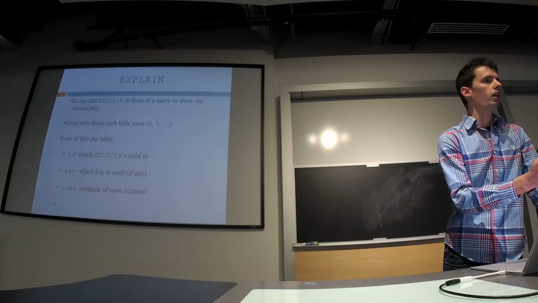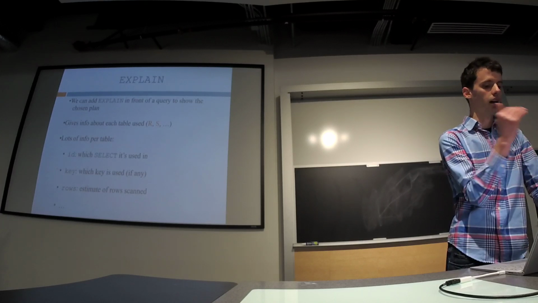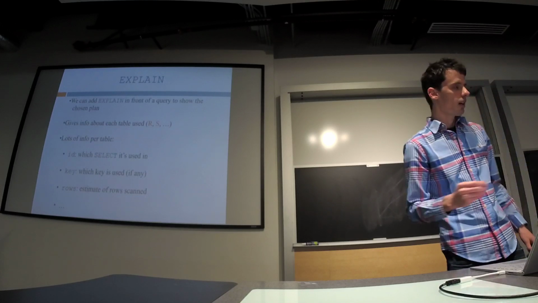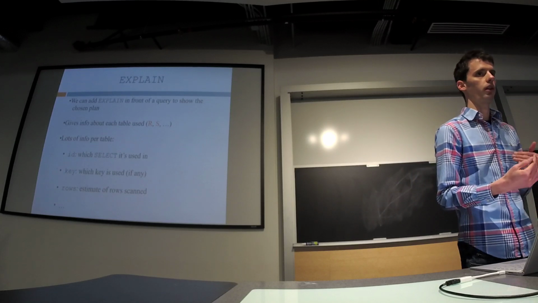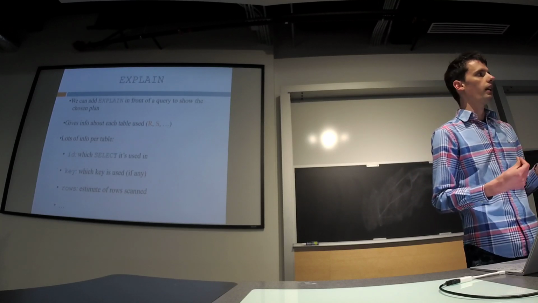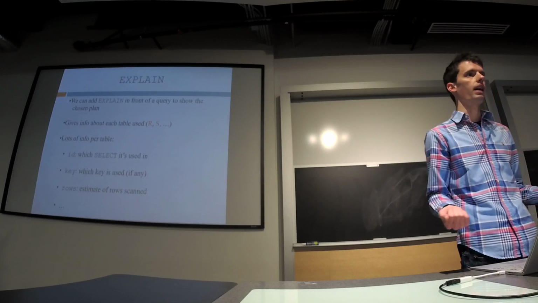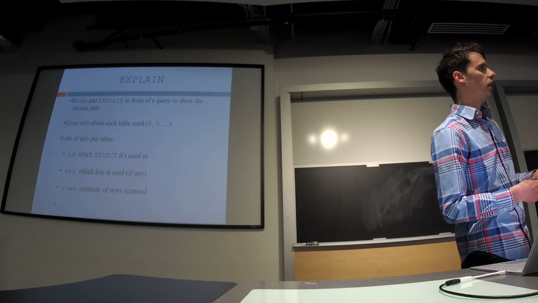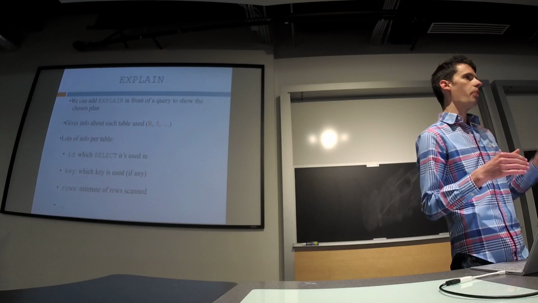Each row represents, for a join anyway, like R, then S, then T, then whatever. And each of those rows, so it's telling you which table it's going to work with in what order. And then each of those has lots of columns about what it's going to do with that table. So it has an ID, meaning the ID of the select that operation came from.